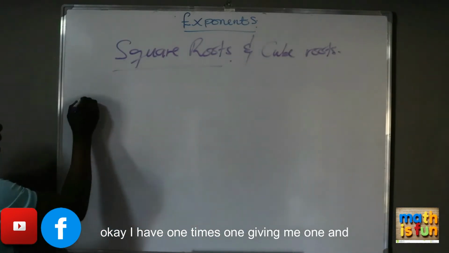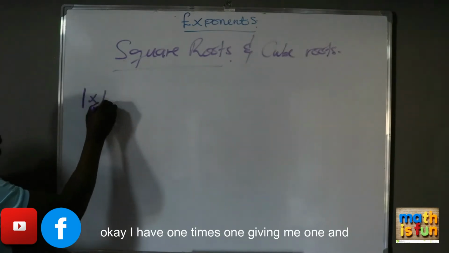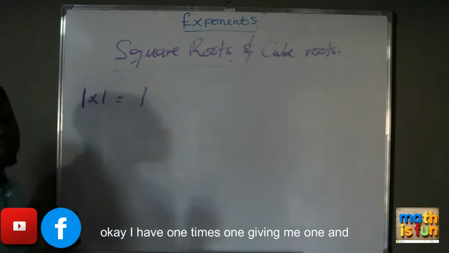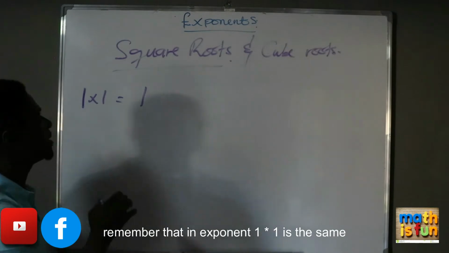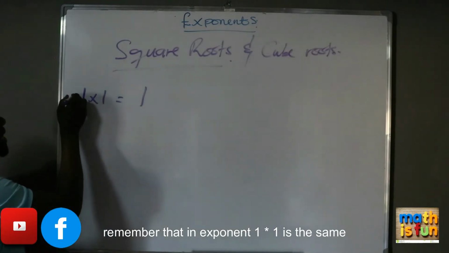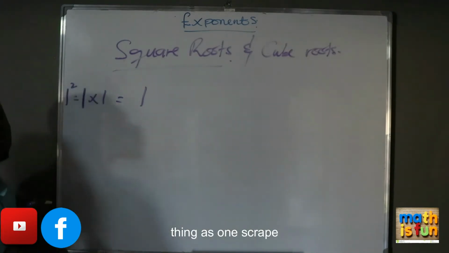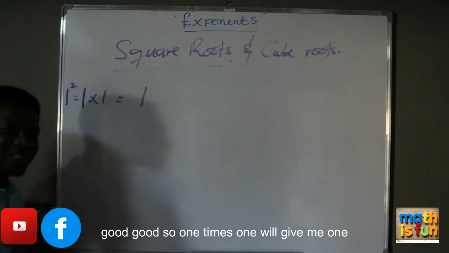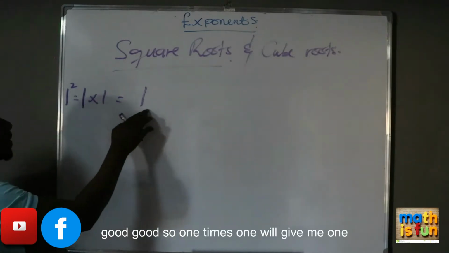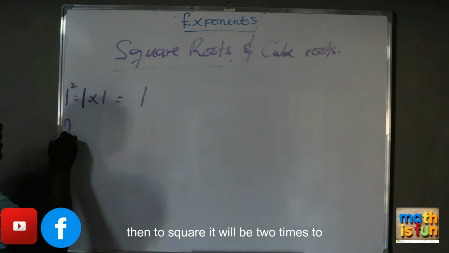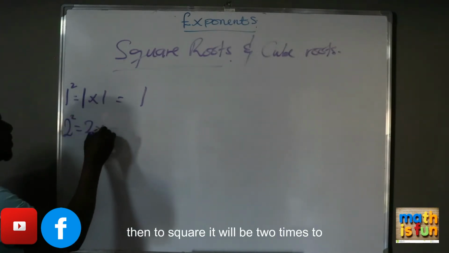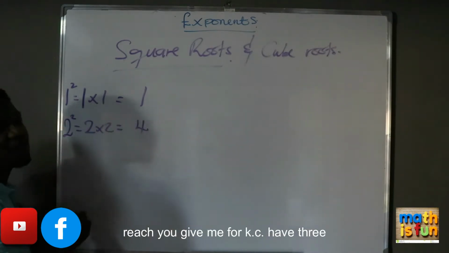I have 1 times 1 giving me 1. And remember that in exponents, 1 times 1 is the same thing as 1 squared. Good. So 1 times 1 will give me 1. Then 2 squared will be 2 times 2, which will give me 4.